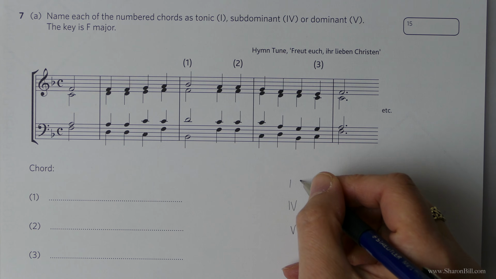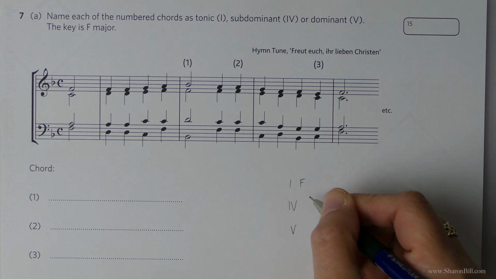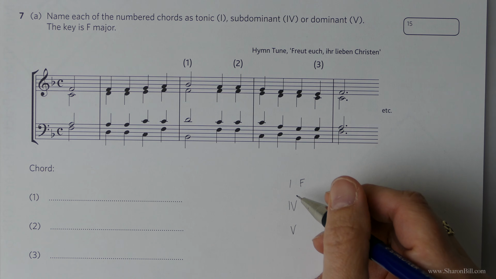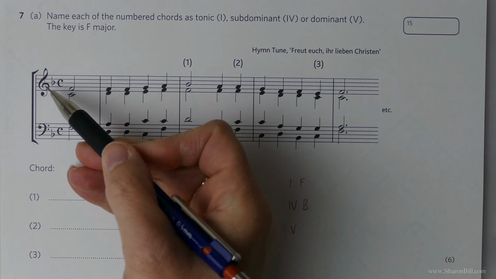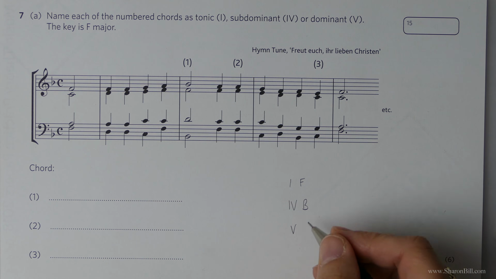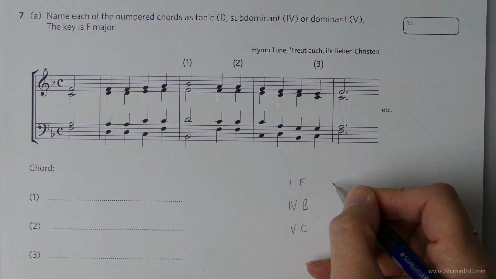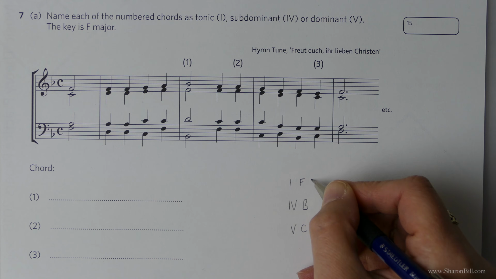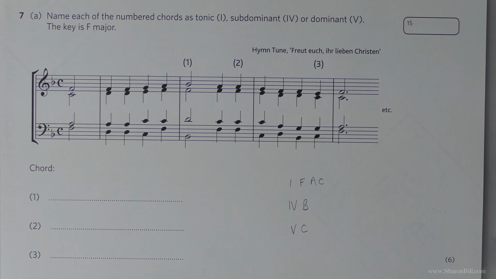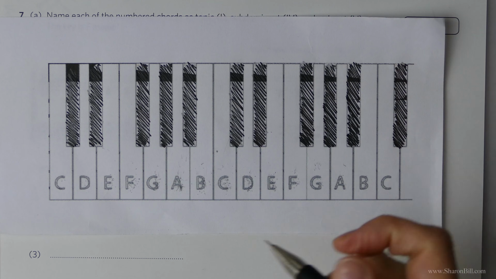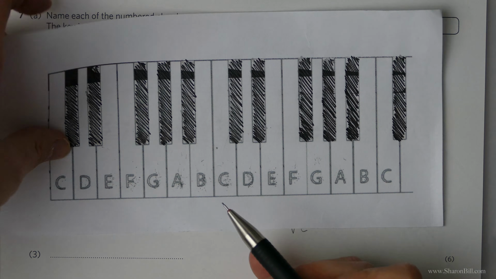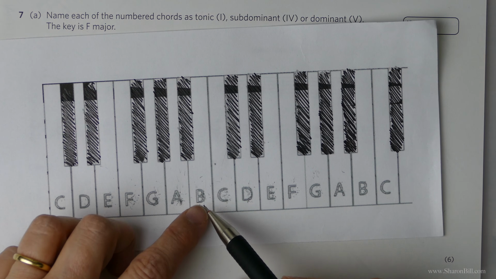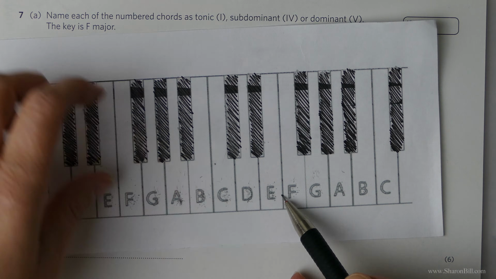So then in F major, of course, chord 1 is built on the first degree of the scale. Chord 4 is built on the fourth degree, F, G, A, B. Of course, it's B flat, but your key signature deals with that. And then chord 5 is built on the fifth degree of the scale, which is C. Now we'll build up our triad, first, third, fifth, F, A, C. If you find that difficult to do, use a piano keyboard, 1, 2, 3, 4, 5, F, A, C. And then we're going from B, D, F, or 1, 2, 3, 4, 5.